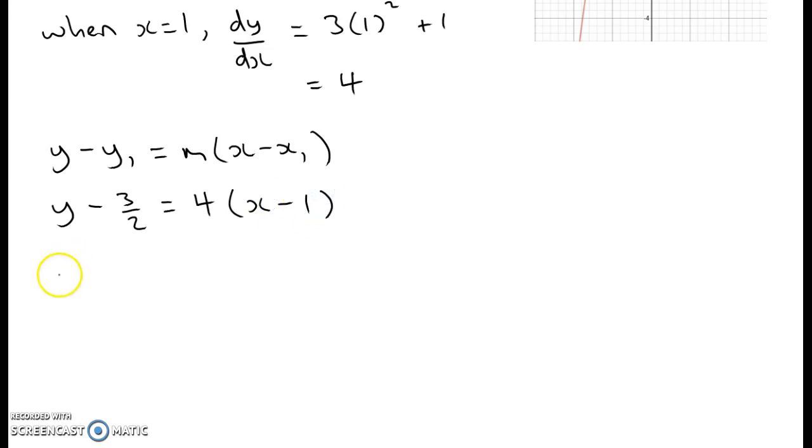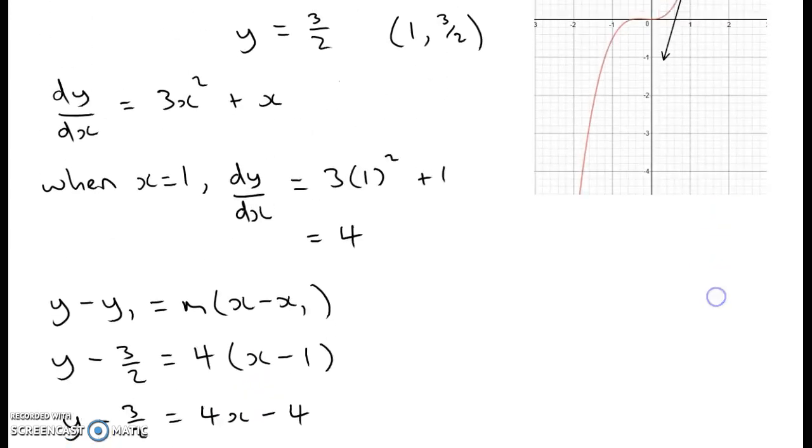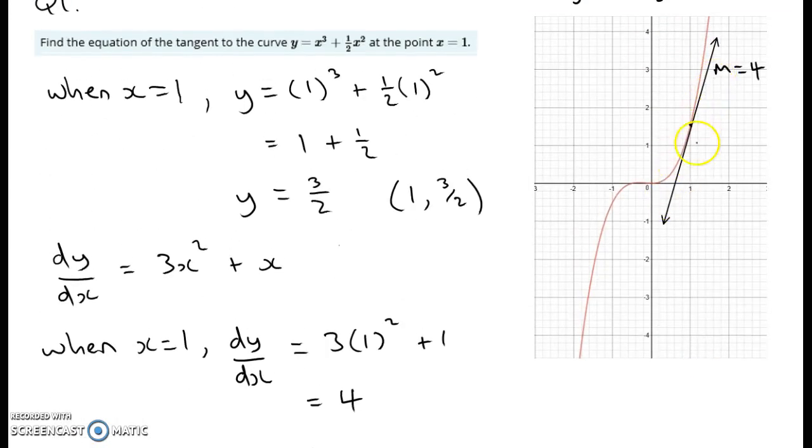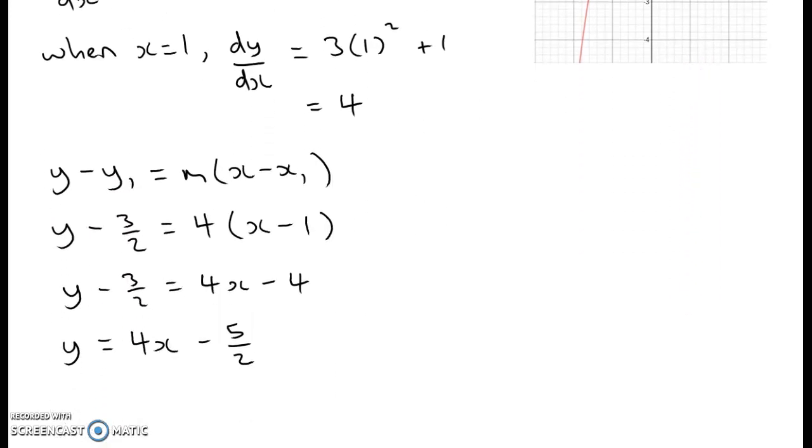That gives y minus 3 over 2 equals 4x minus 4. Let's make y the subject. y equals 4x minus 2.5. Let's make that minus 5 over 2. So the equation of the tangent line that I've added into the graph is y equals 4x minus 5 over 2.